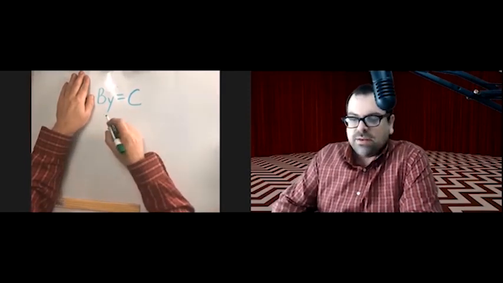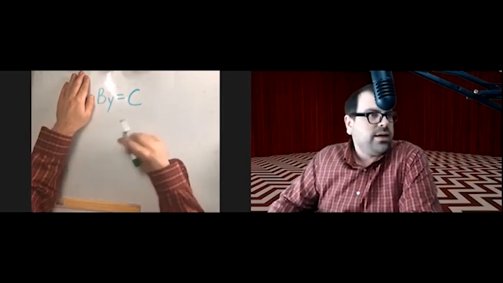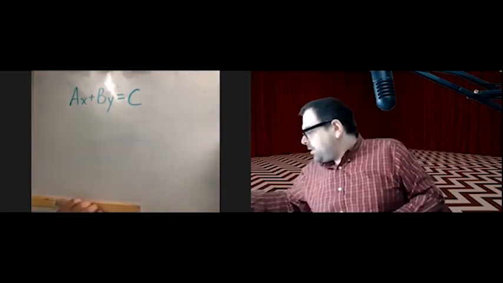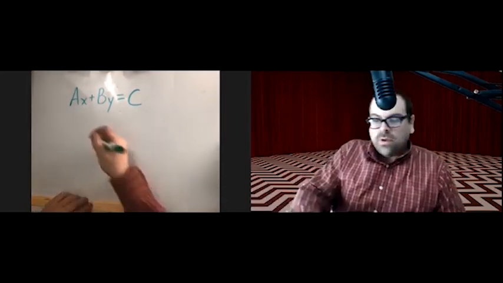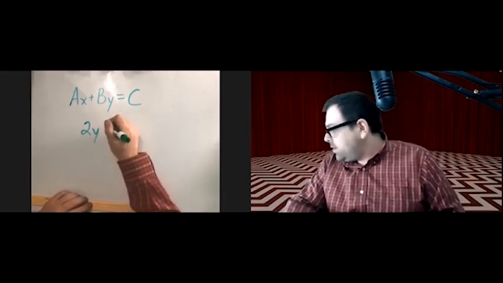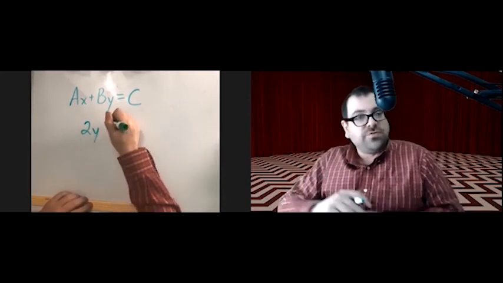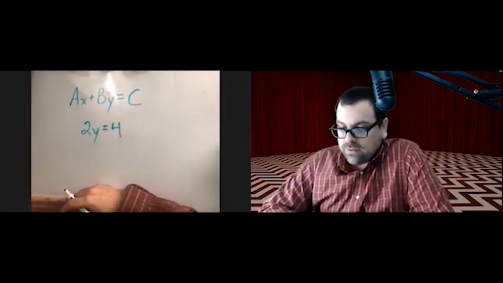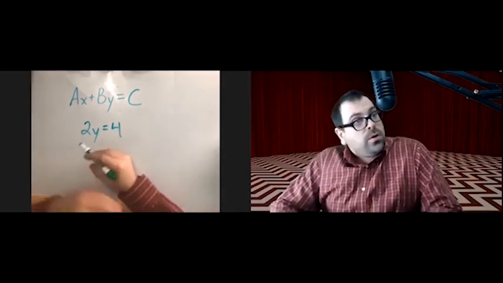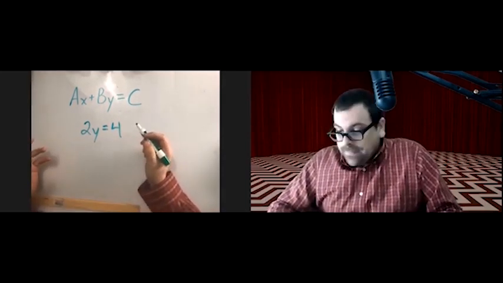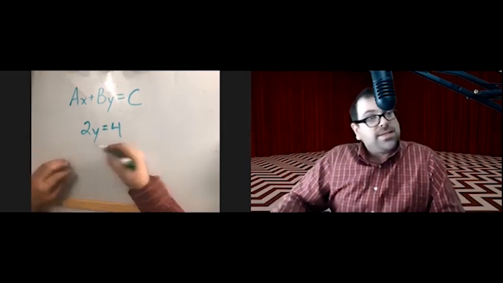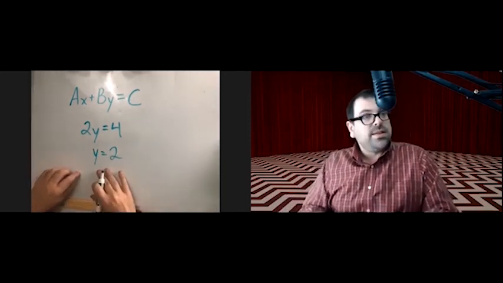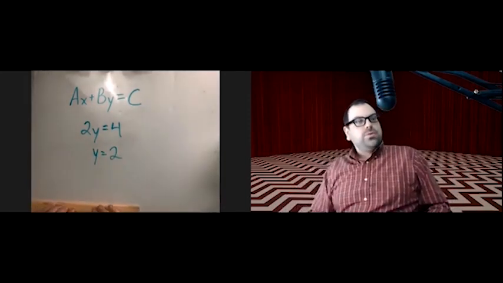We would have something in the form By equals C. Let's say we had 2y equals 4 and we wanted to graph this. Well, we can plot points. Let's solve it for y, and we can see this actually simplifies to the equation y equals 2.